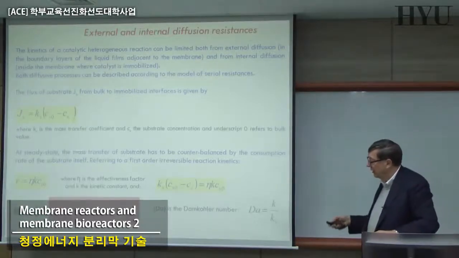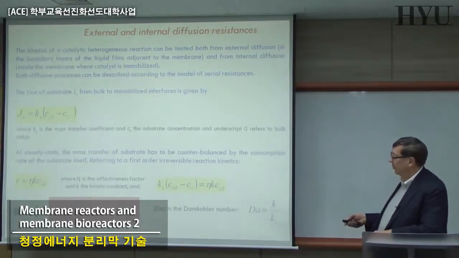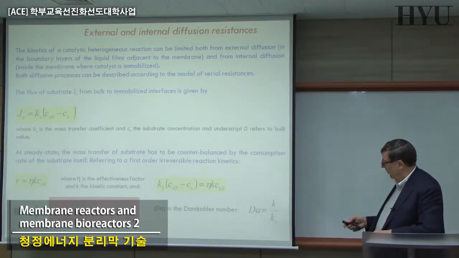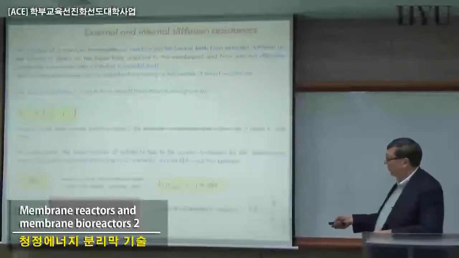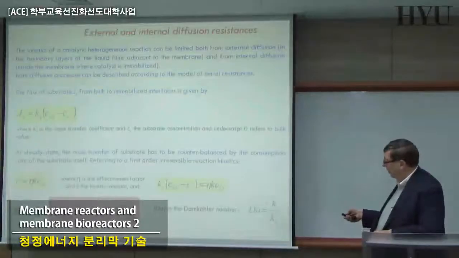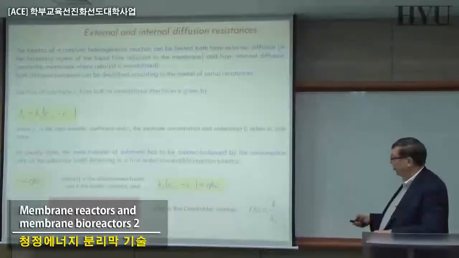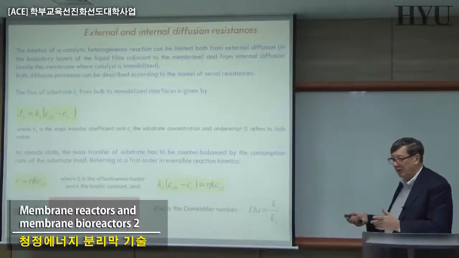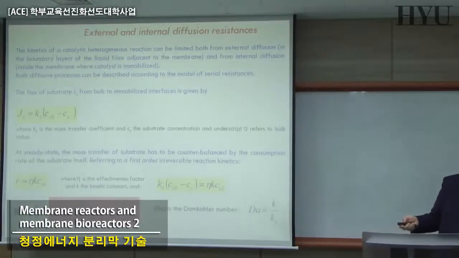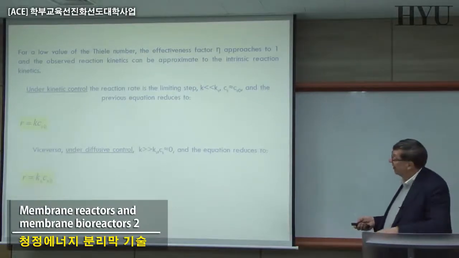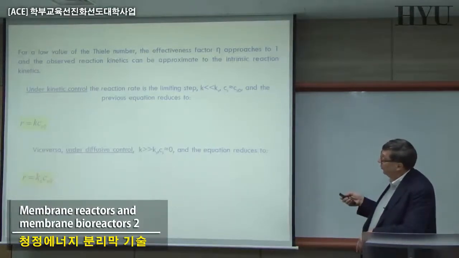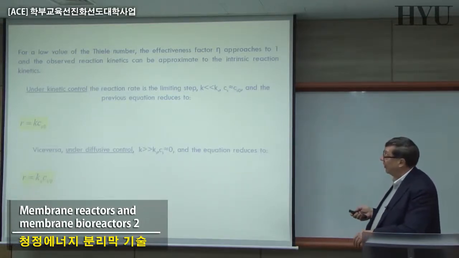In this case, there is another number that chemical engineers particularly use frequently, which is called the Damköhler number, the ratio of the mass transfer coefficient. That's quite useful and interesting to utilize, because if you know this Damköhler number, you can have information about how much you are approaching the ideal behavior or vice versa.